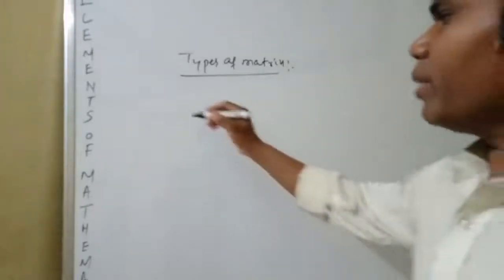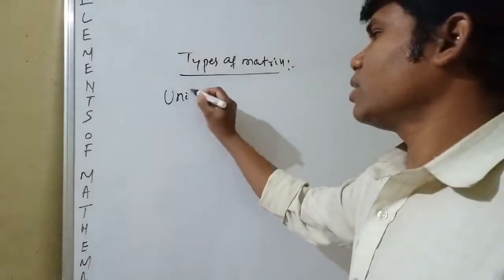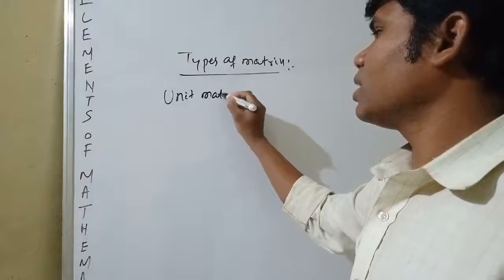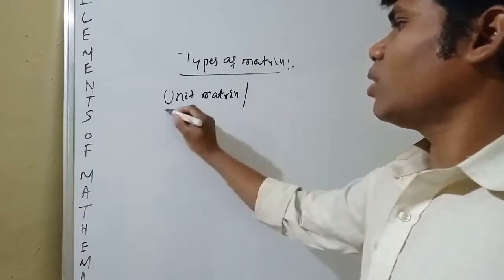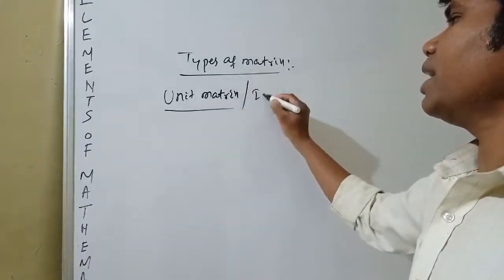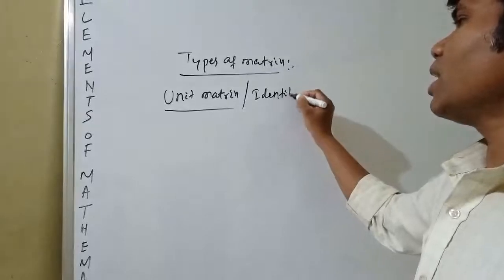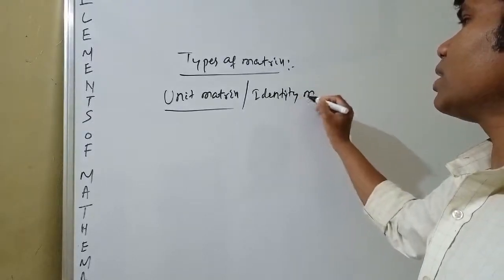Next, come to the unit matrix, or we can say identity matrix.